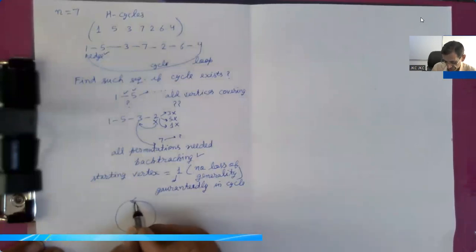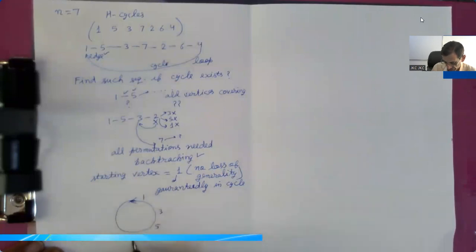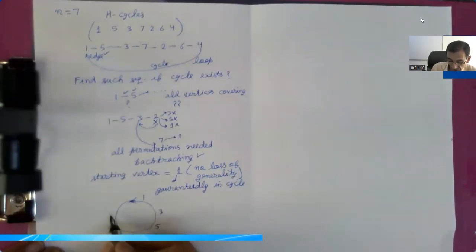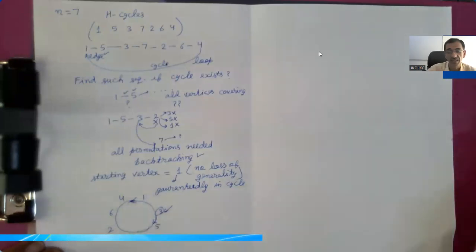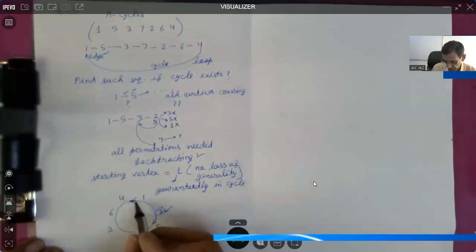So if I have, let's say, a cycle going 1, 3, 5, 7, 2, and then 6, 4. Now, anyone can be a starting vertex. You start from here, still you will be able to find a cycle, and like that. So effectively, this means that you can always have a cycle without much of a problem, and anyone can be taken as a starting vertex.